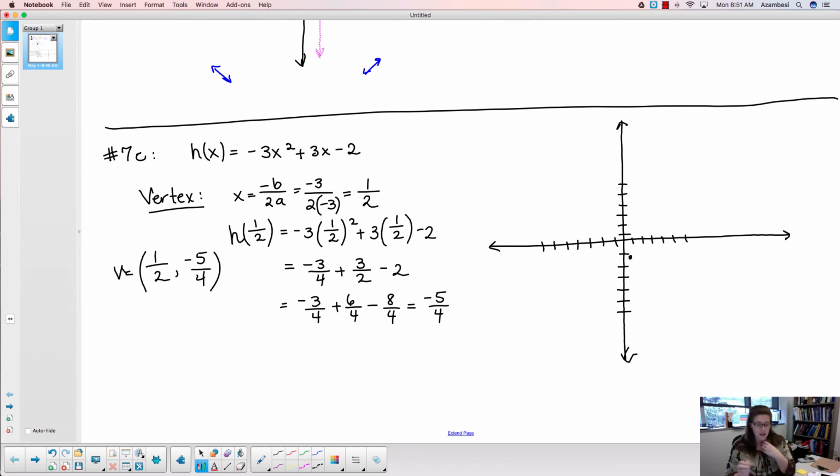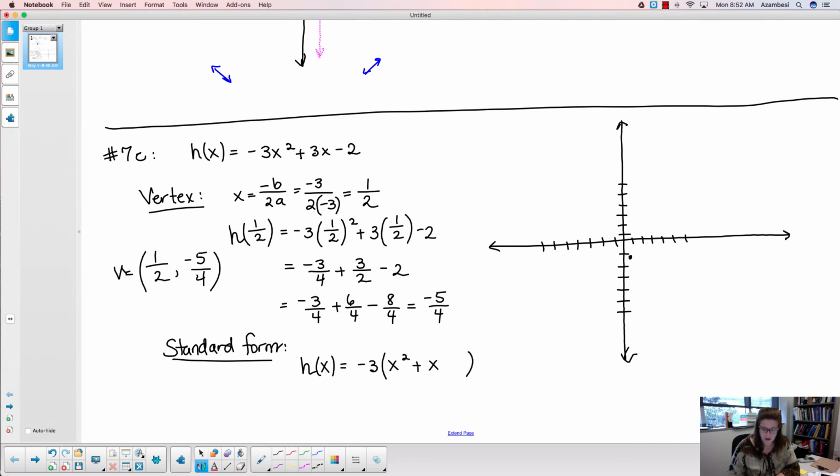All right, looking at the other method, if I want to put this into standard form, then I'm going to complete the square. So h of x is equal to negative 3, factoring out the negative 3, and I have x squared plus x, leaving a space, minus 2.